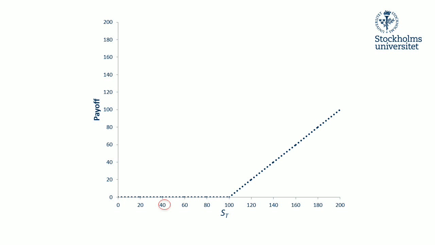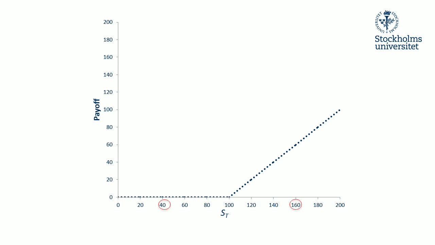But we can say that the probability of this payoff being positive is obviously less than the probability of the payoff being positive if the current price of the stock is, for example, 160.